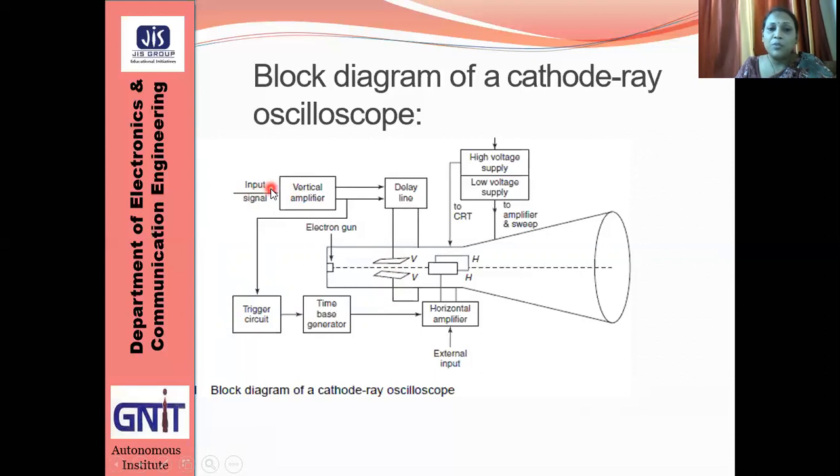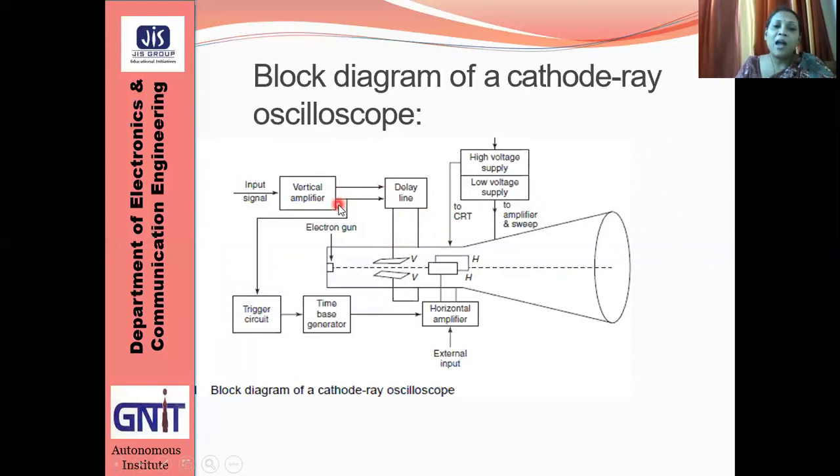This is the input signal, and this is passed through the vertical amplifier, and then this amplified output has been connected to the vertical plates after passing through the delay line. We will study later why this delay line has been incorporated in the figure.